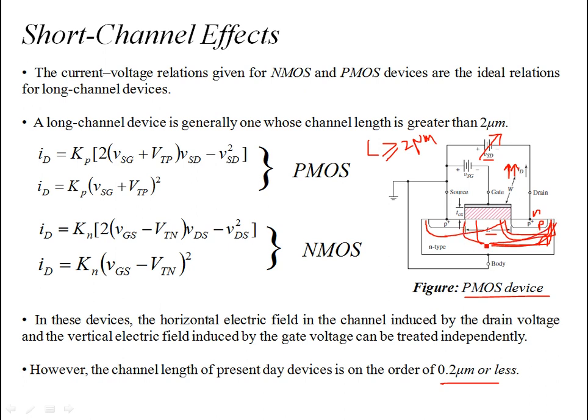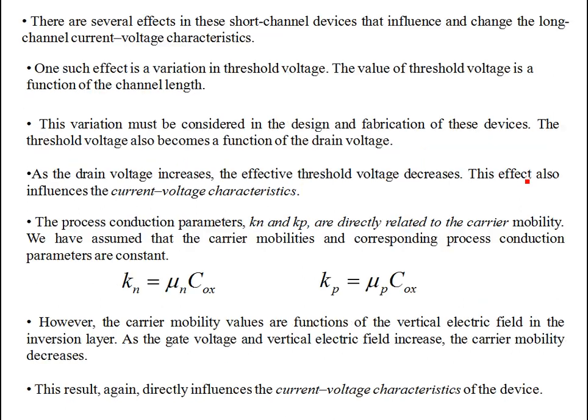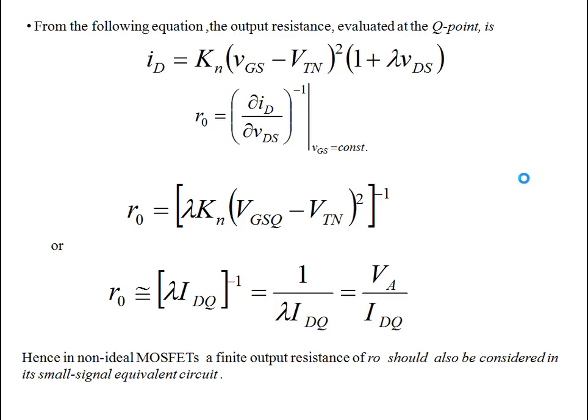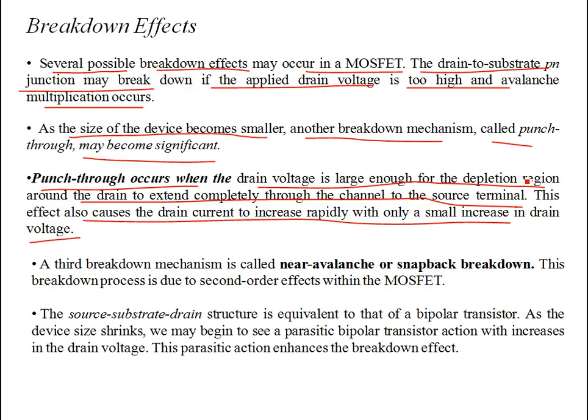This region is simply so large that this becomes a p-well region, and due to the electric field applied by VSD, this horizontal electric field is going to move the charges, the positive charges in the PMOS, from the source to drain, and this current will become exceedingly large, even for a very small increase in VSD. So that's another breakdown effect that could occur besides the avalanche breakdown, which might occur in the substrate.